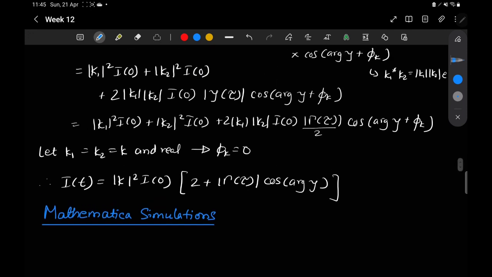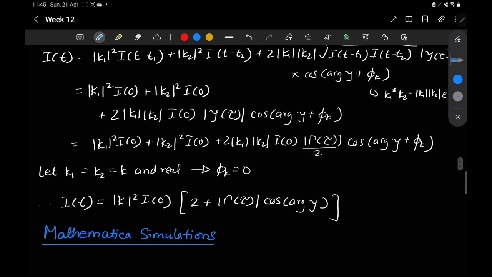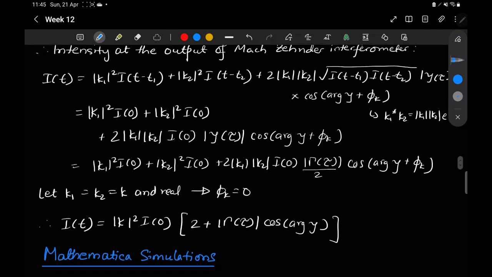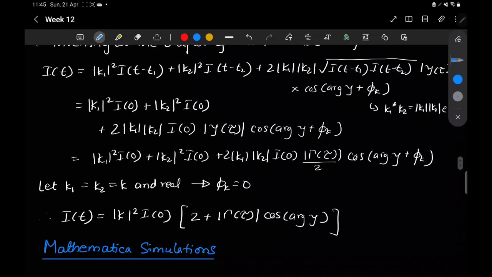Let me open up my Mathematica window. We will just see how this intensity is plotted as a function of tau.